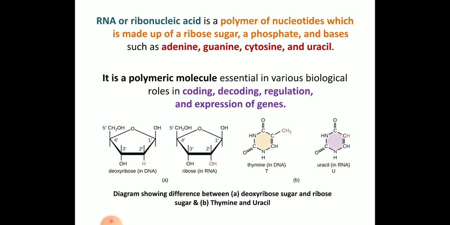Here the thymine, the base of DNA, is replaced by uracil. And this RNA is a polymeric molecule which is very essential for coding and decoding, regulation and expression of genes also. So RNA is very important for transcription and protein synthesis.